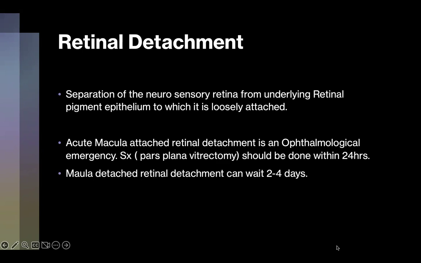So you have to send the patient straight away on the same day to an ophthalmology department, right? But if the vision is very poor and the retina is detached, that means the macula is off. Those patients can wait 2 to 4 days. So if they come to you on a Friday afternoon, you can send them Monday morning to the ophthalmology department, right?